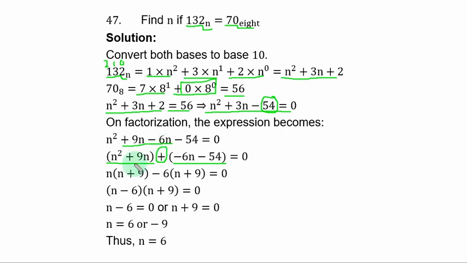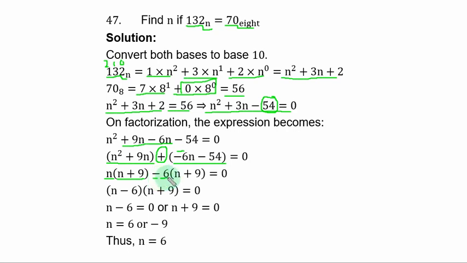From the first group, n is common. If you factor it out and divide through by n, you have n plus 9. The first term needs to be positive. For that, you factor out minus. Between 6 and 54, 6 is common, so you factor out minus 6.